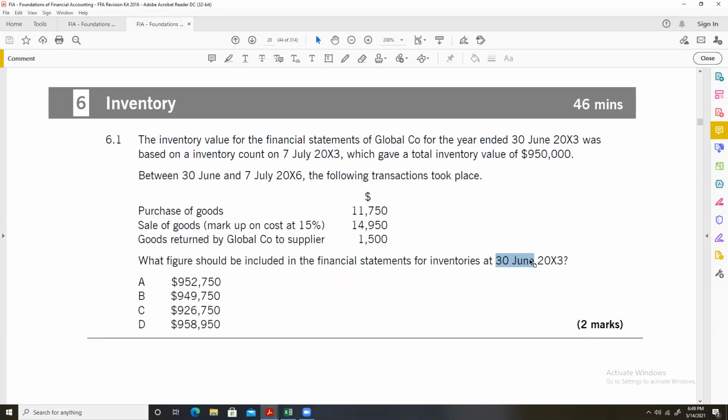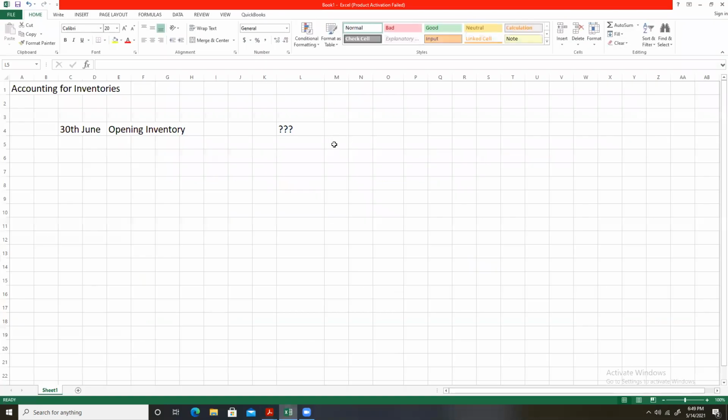Or you can say that this period starts from 30th June. That's why the value of inventory held on 30th June can be regarded as the opening inventory.